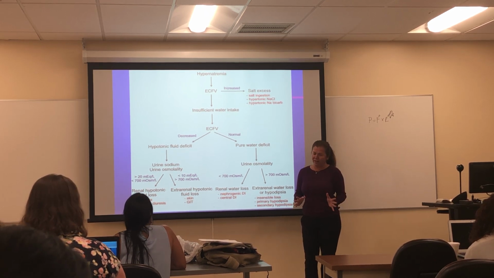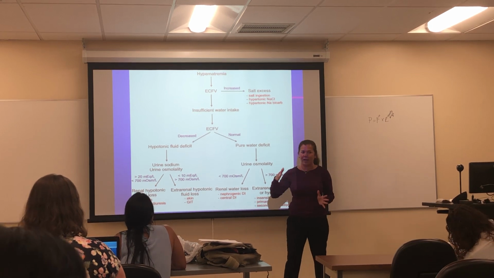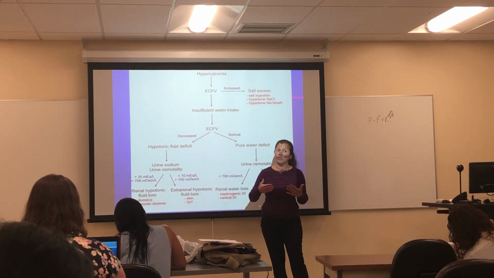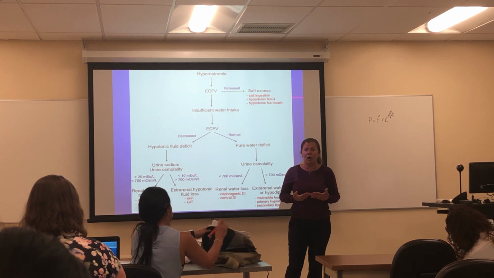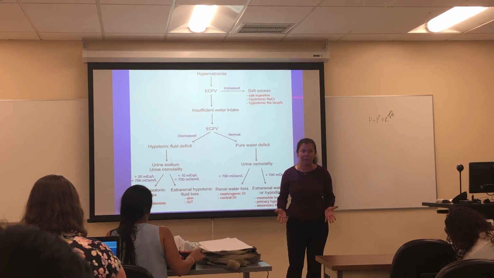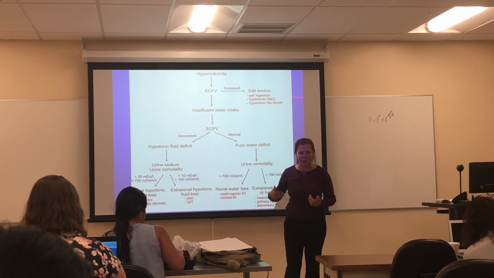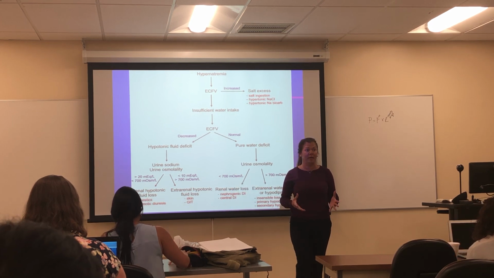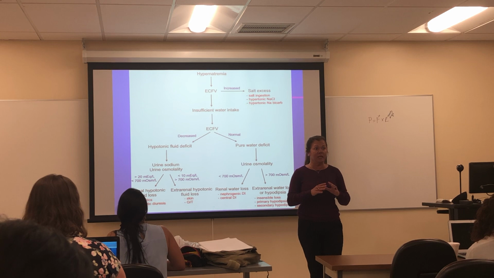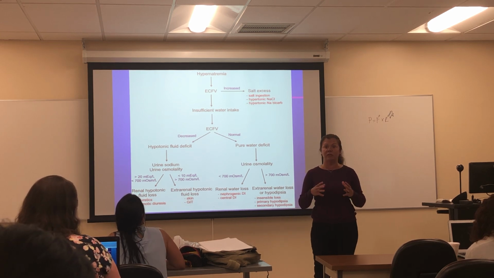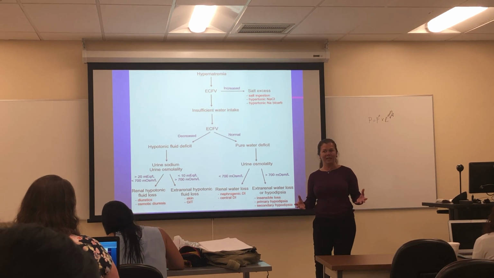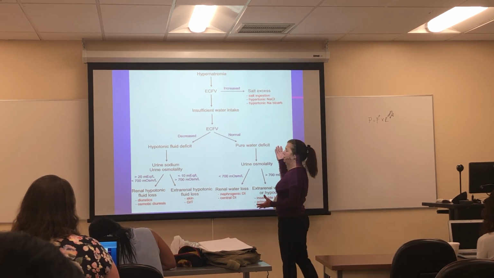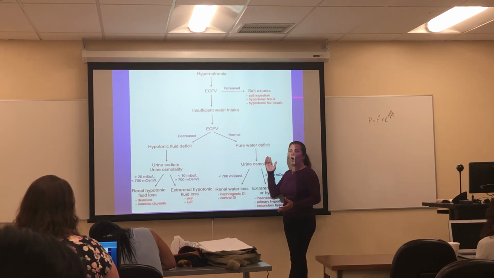I understand that as the disease progresses and there's no treatment, because it hasn't been recognized or the patient is non-compliant, the patient is going to be dehydrated at the end. I know that. But unfortunately, in medicine, you have to know the initial stages. And the initial stage of diabetes insipidus is a euvolemic state. Why? Because you only lose pure water.